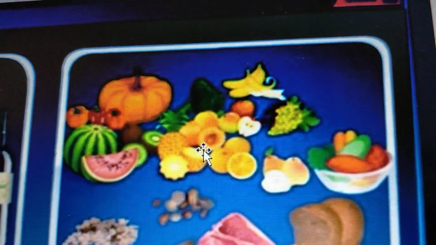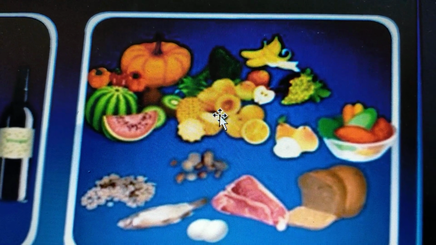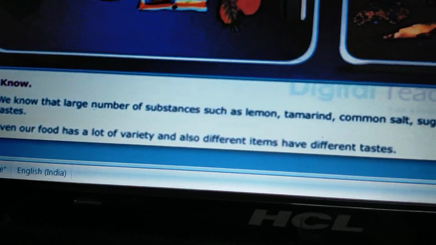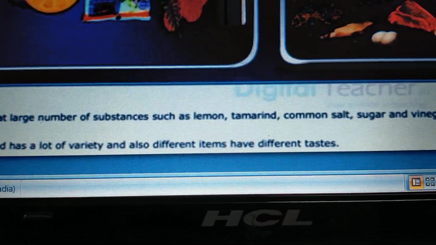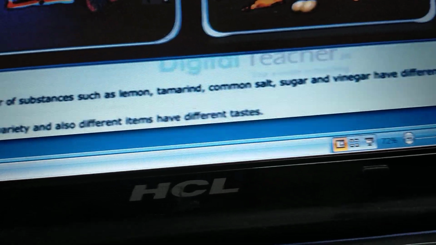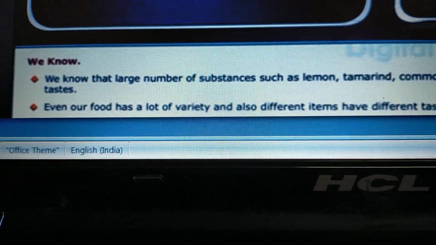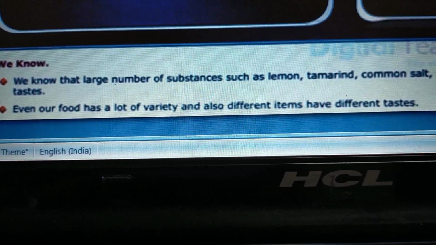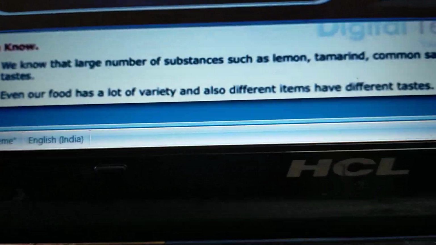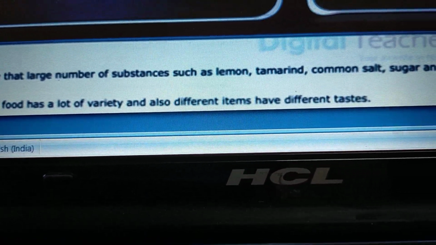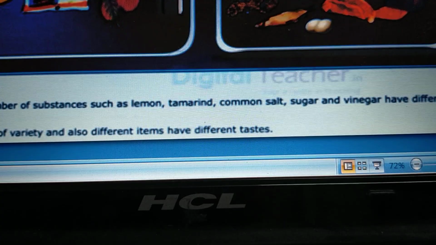Then here are also different types of food. Now, these large number of substances like lemon, tamarind, common salt, sugar, vinegar, they have different tastes.